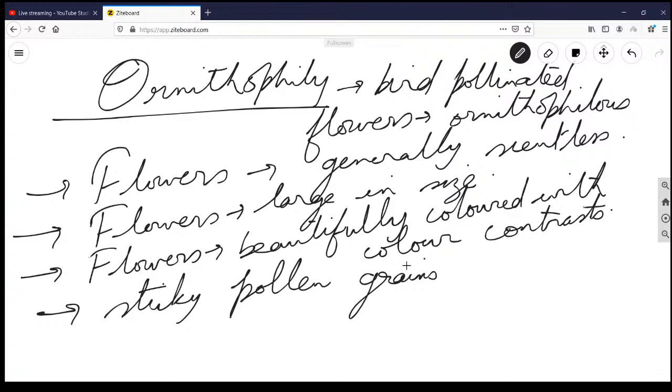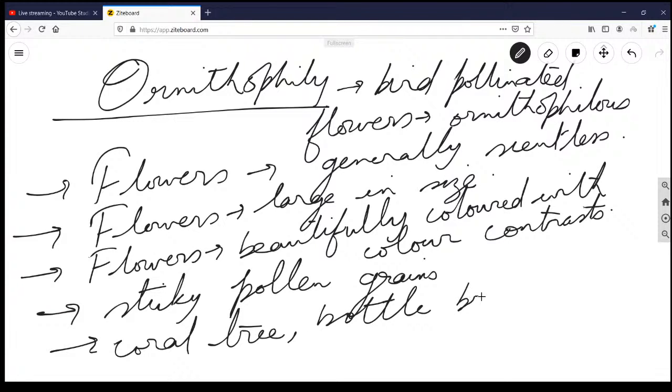Some examples of bird pollinated plants in Australia are coral tree, then bottle brush, etc. Right? Then we'll come on to the next one, which is known as chirophily, or chiropterophily.